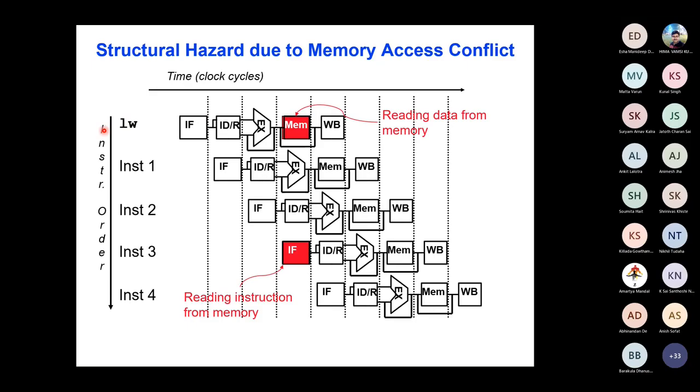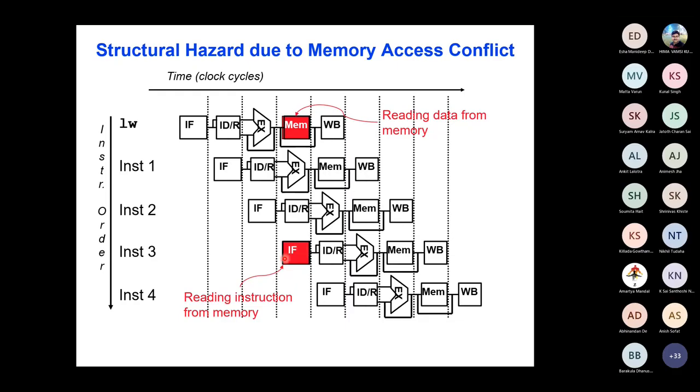The load instruction is accessing the memory module because you want to read data from memory, and at the same time the 4th instruction is trying to fetch the instruction from memory.